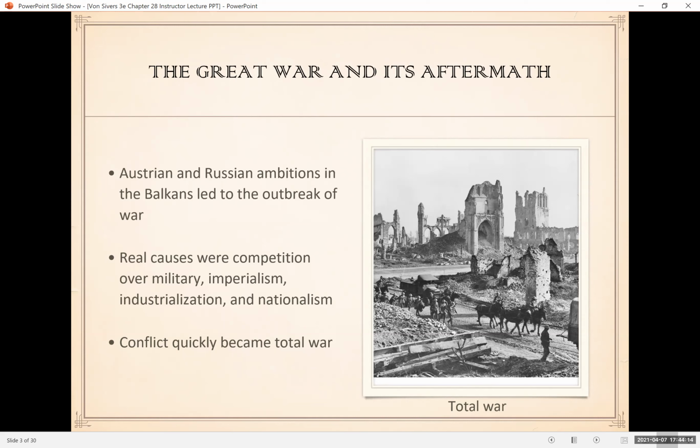So how did the rest of everyone get involved in it? Well, it's a process known as entangling alliances. One country agreed to be an ally with another country and signed an agreement that if one country was attacked by somebody else, then the ally would come to their help.